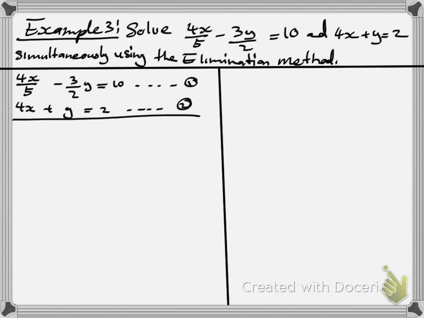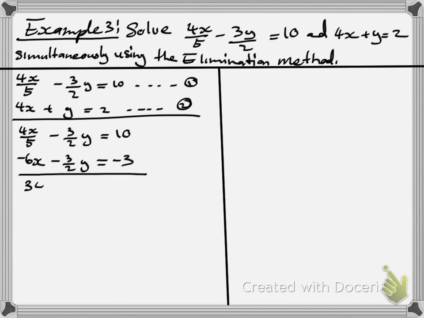So now we proceed. I multiply the first equation by 1, so it remains the same. I multiply the second equation by negative 3 over 2. So it gives me negative 6x minus 3 over 2 y, and then minus 3. And then I subtract equation number 2 from equation number 1.